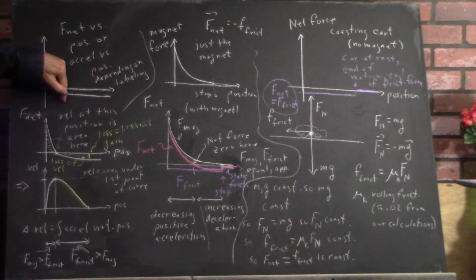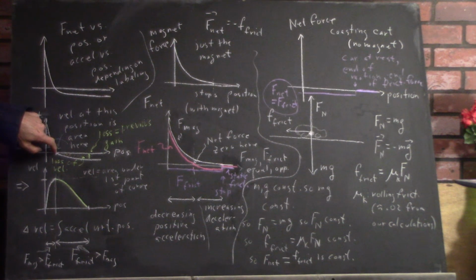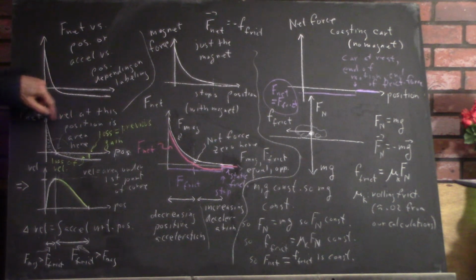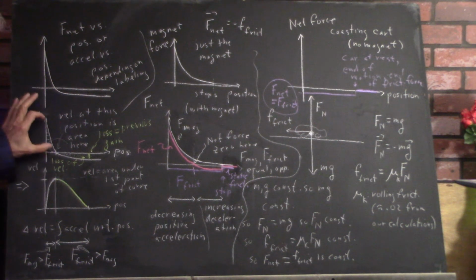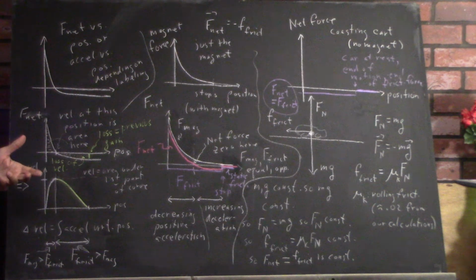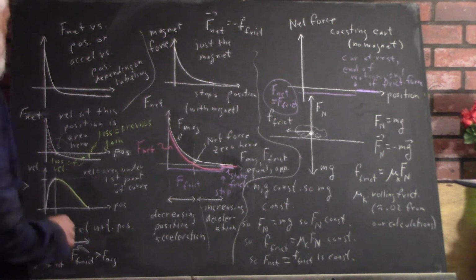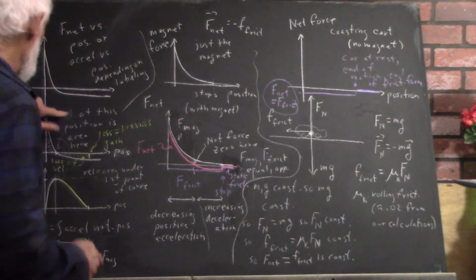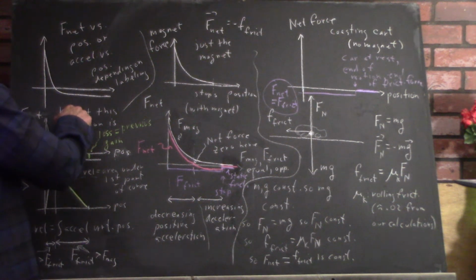The velocity at this position is equal to the area of the curve between here and here, the area of this portion of the curve. Why is that? Because, as you know, okay, I said that wrong. It's not the velocity. This is a kinetic energy.